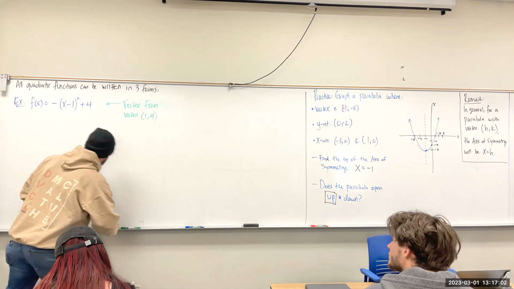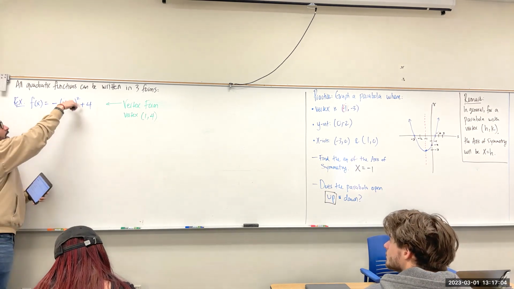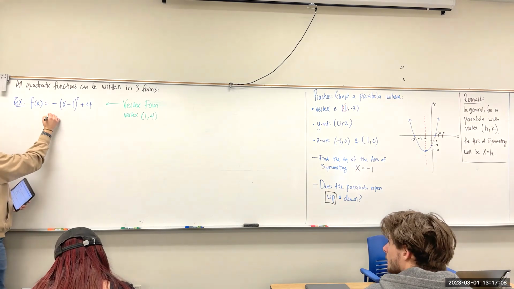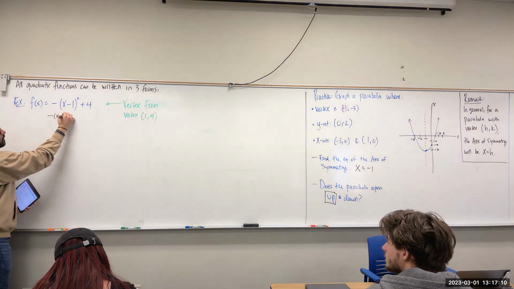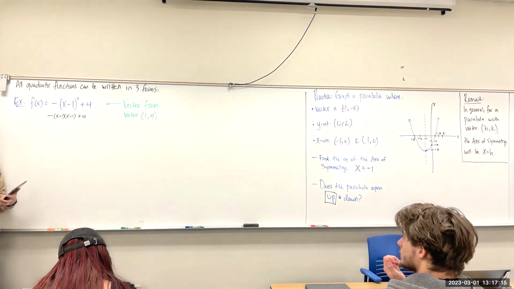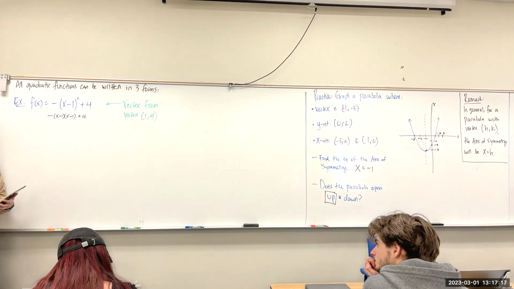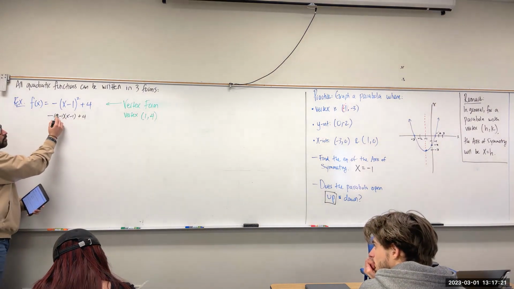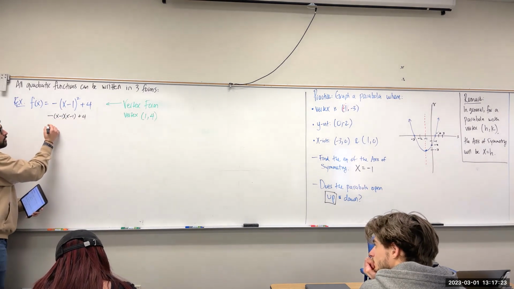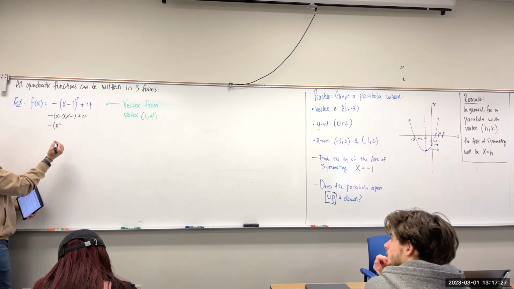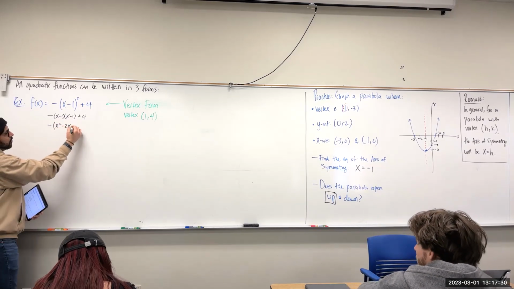Okay, let's see. So now let's say I asked you guys to expand this and FOIL this out. Notice this is negative x minus 1 times x minus 1 plus 4. We're just going to manipulate it a little bit so that it can change. Here we're going to FOIL this out, multiply this in here. So we're going to get negative, what is that? x squared minus 2x plus 1.